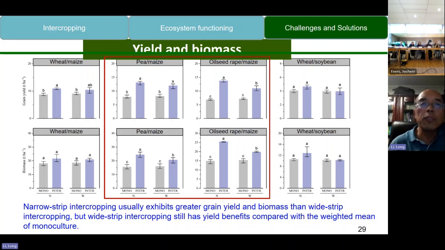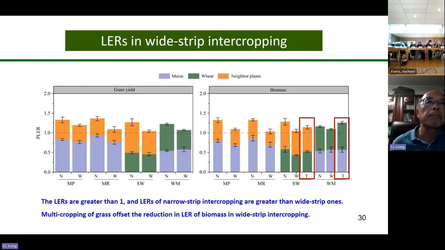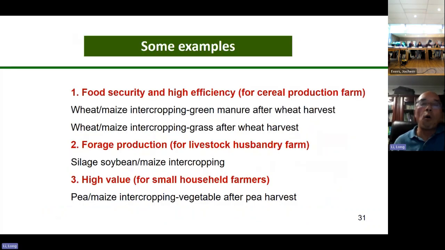It is reduced, but still more than a yield advantage. For example, the land equivalent ratio is still more than 1, about 1.1. The narrow strip intercropping has a land equivalent ratio of 1.3 or 1.4, something like that. So I think we will go on more quickly.